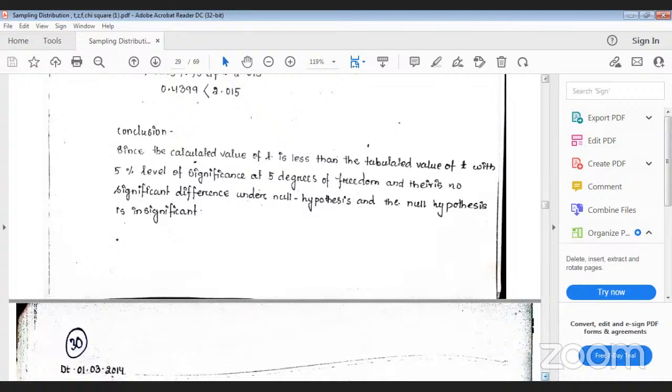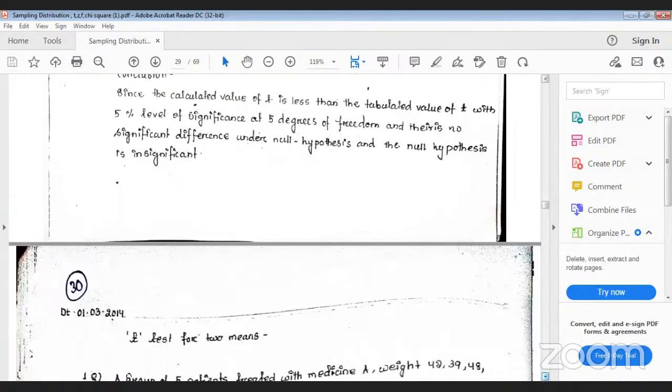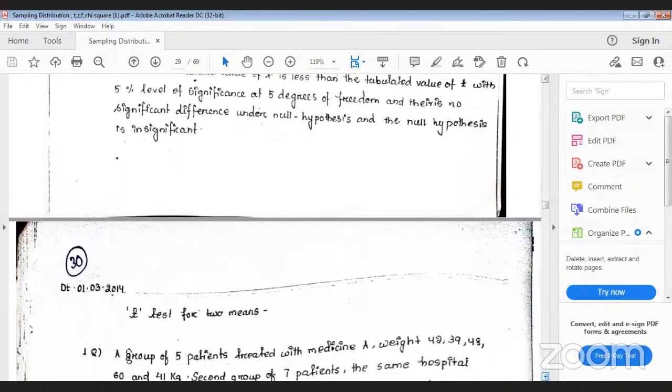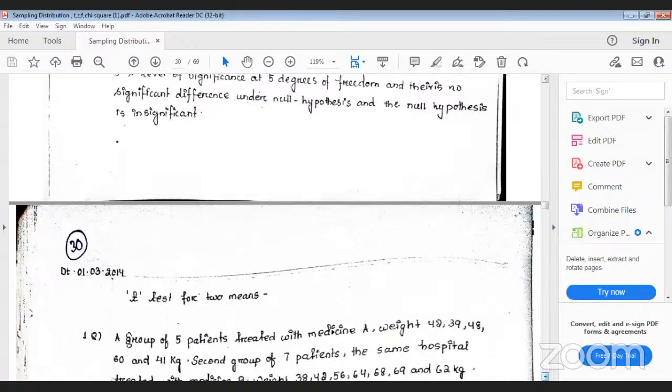So like this way, today we have completed the Z test and the T test for single mean. My request is that you please solve more and more problems related to that, only then can you understand. If it comes in the exam, how to differentiate Z test and T test: Z test for single mean or two means is used when the sample size is more than 30.